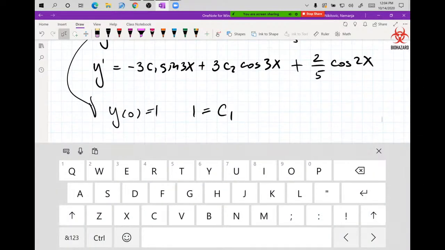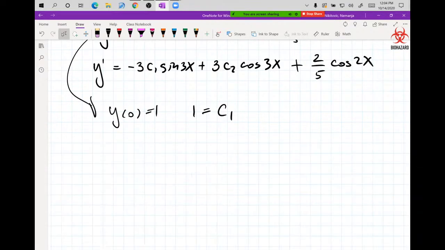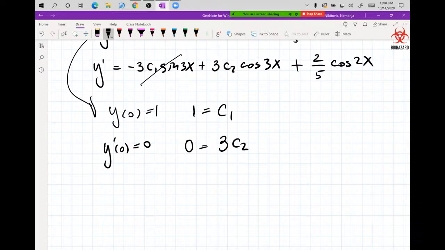Now, for the second condition, we have 0 is equal to, sine term dies, and then the cosine term lives. But it's equal to 0, so C2 is equal to 0, so C2 is gone.